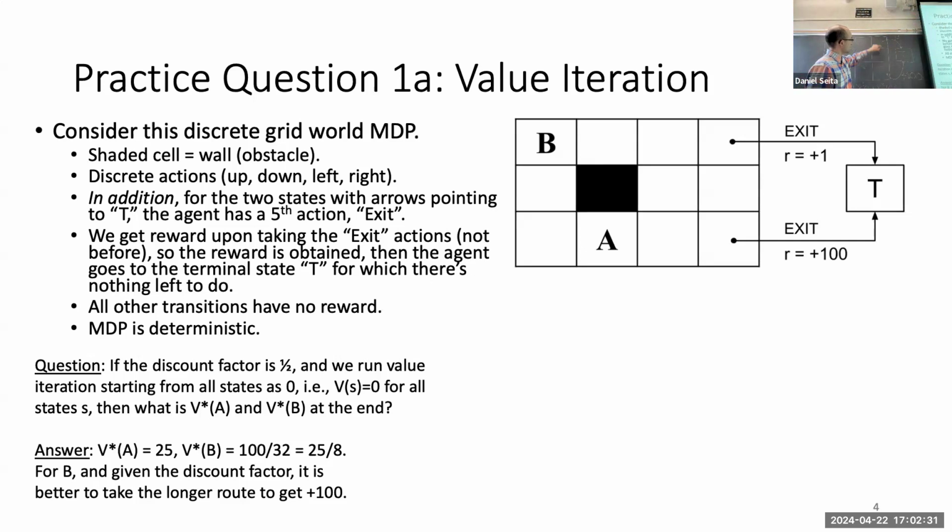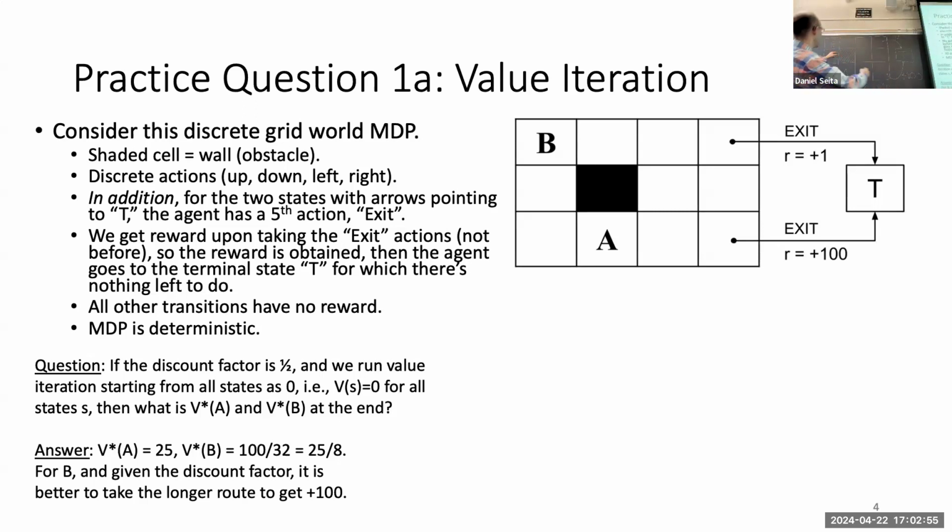But let's suppose it goes down, and then exits. It gets 0 with discount 1, 0 with discount 1/2, then +100 with discount 1/4, which is 25. 25 is better than 1. So it's going to be better to go to the exit.